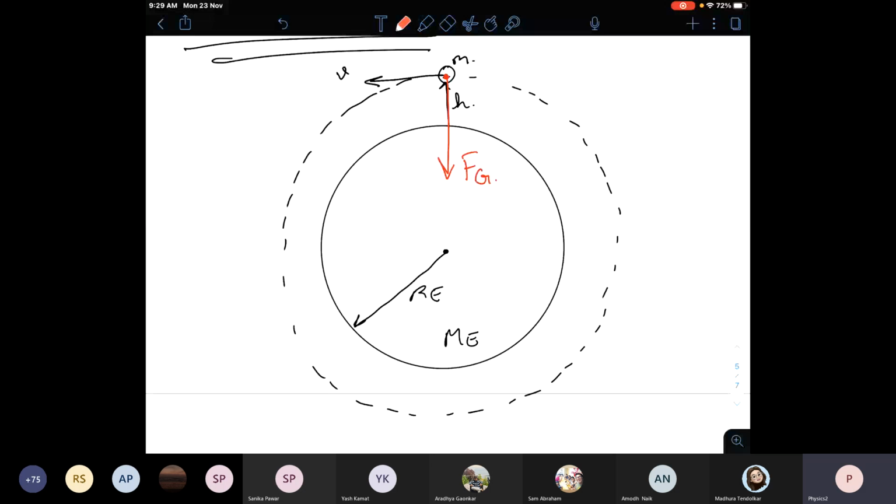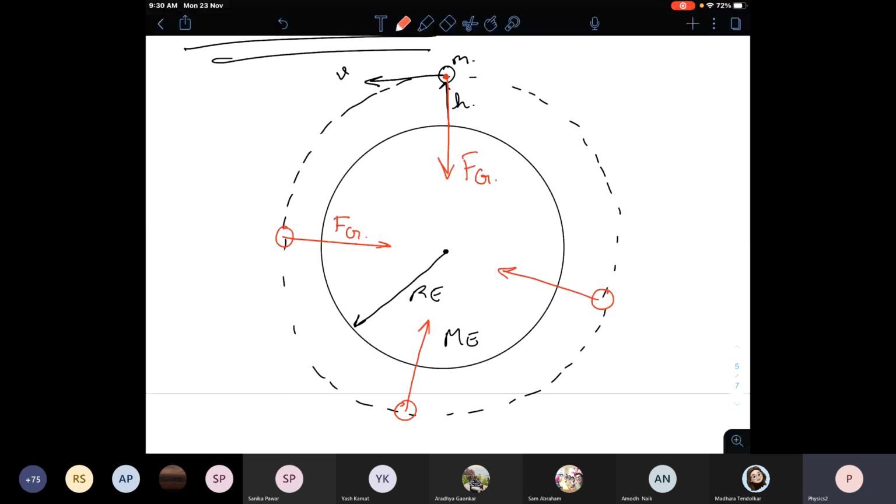You can also observe that as the satellite moves forward, the gravitational force is always directed towards the center, wherever it is.